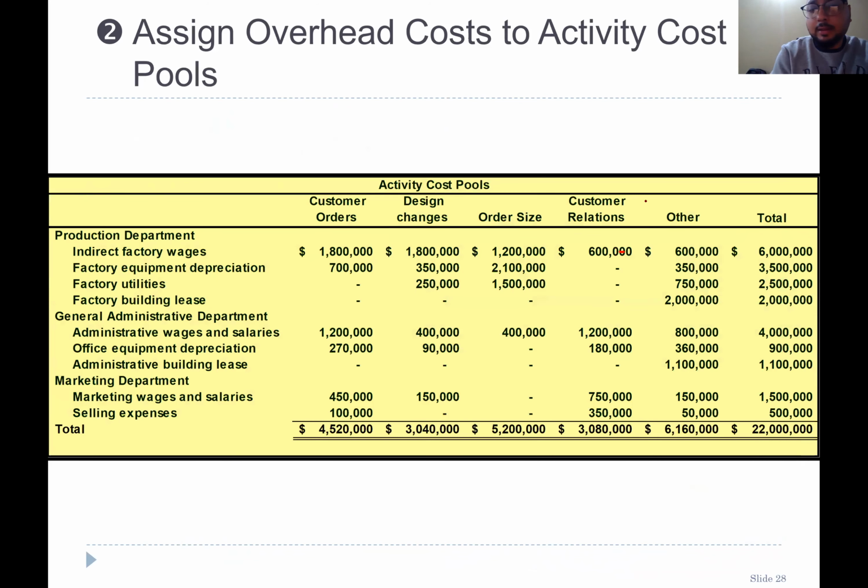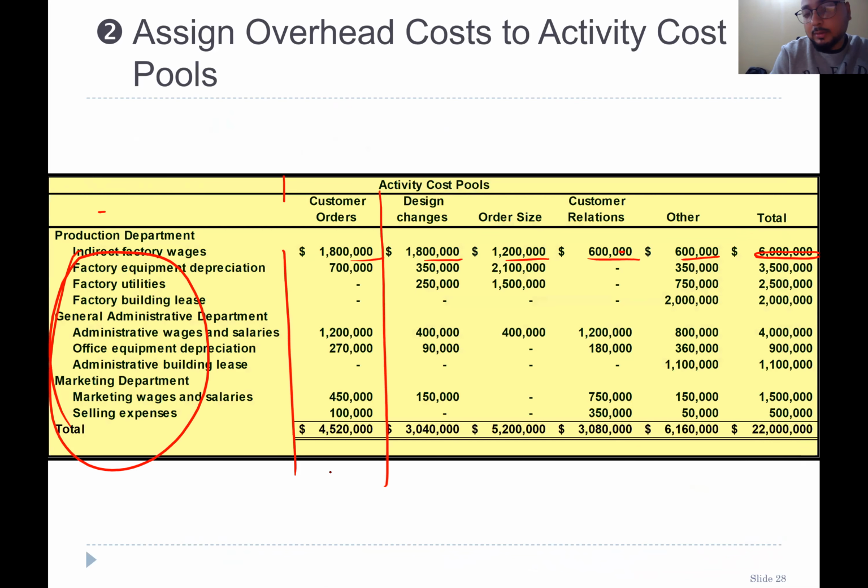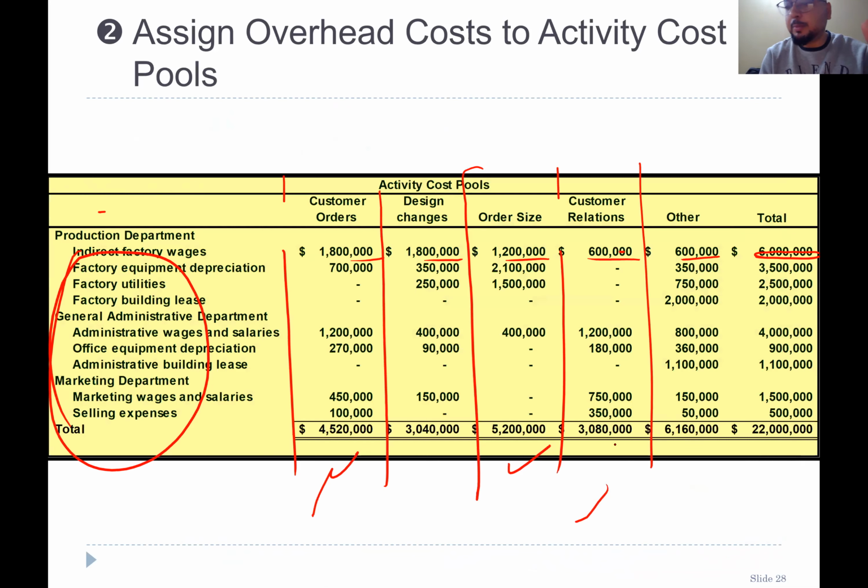So if you see here, the 6 million is divided into 5 activities, and all the activity values are combined based on all these costs. Total 4.52 million, design changes 3.04 million, order size 5.2 million, customer relation 3.08 million, others 6.16 million, right?